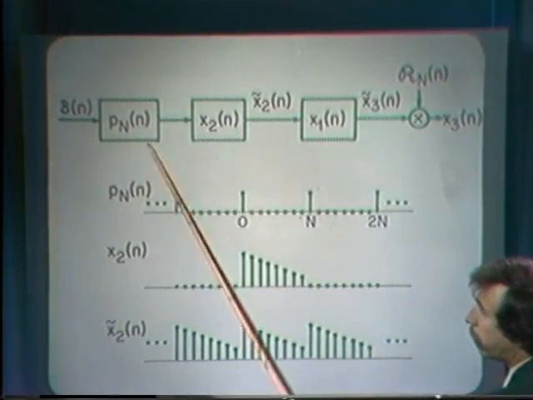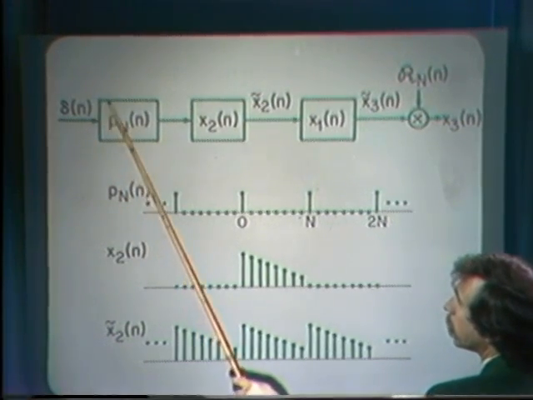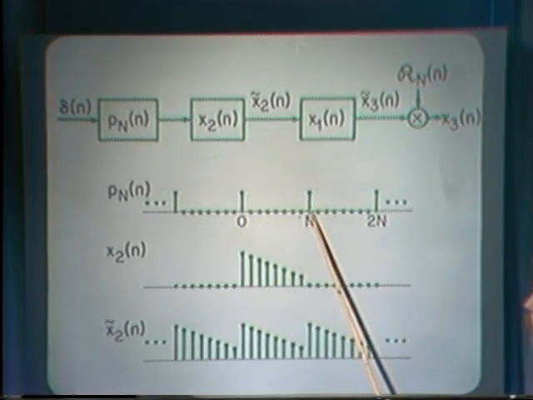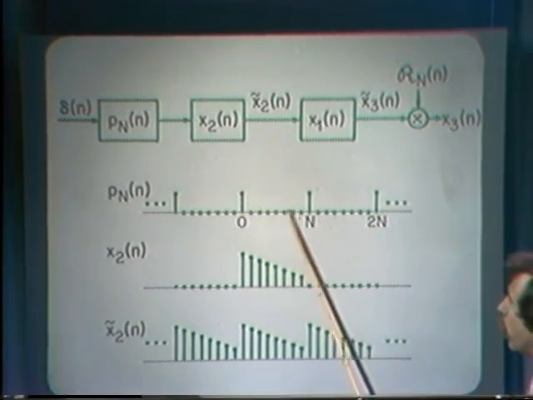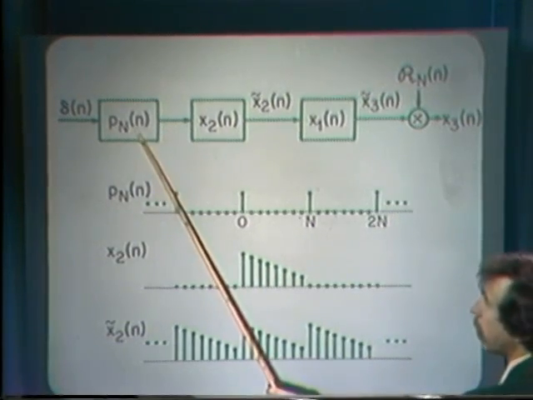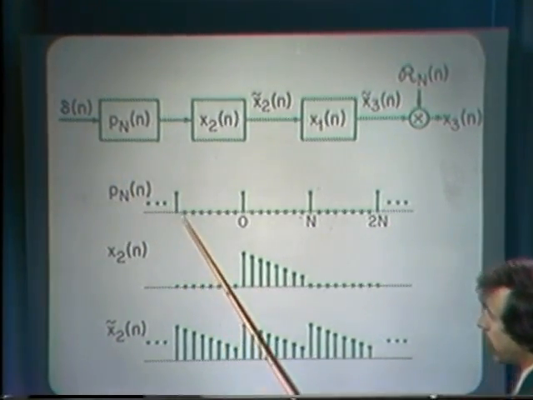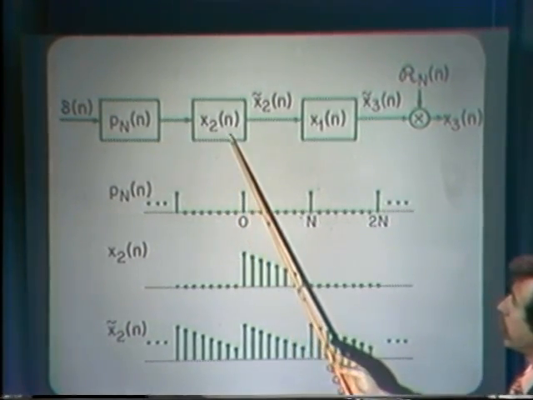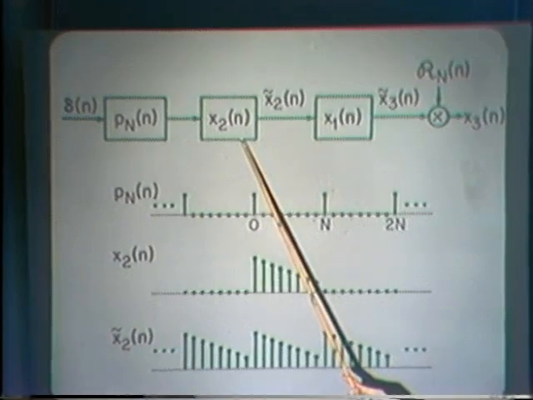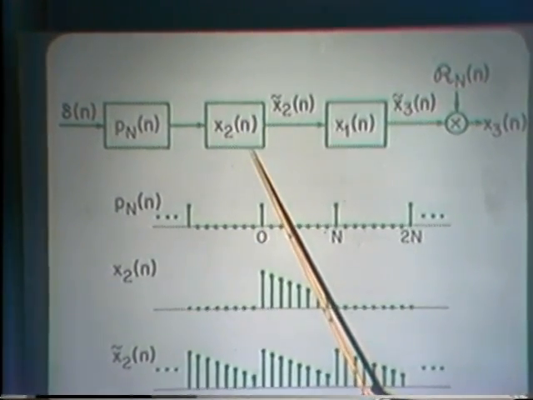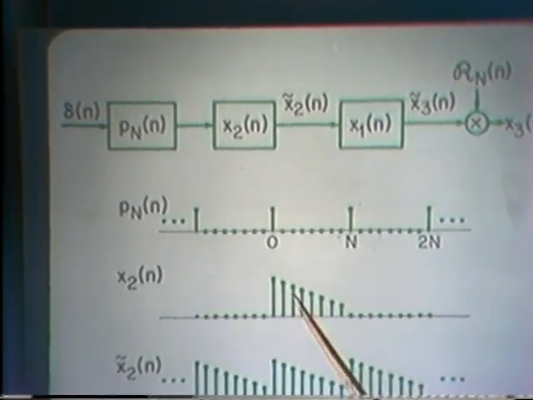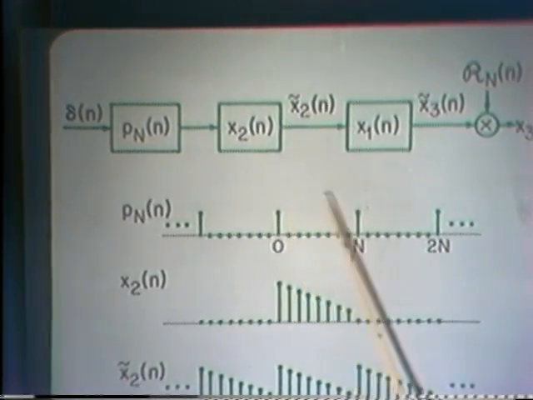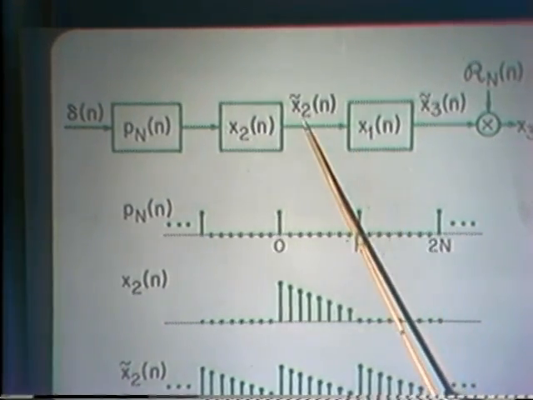So we could generate a pulse train by taking a system whose unit sample response is 1 at a spacing of capital N, and it's 0 otherwise, kicking that system with a unit sample, in which case we get this pulse train out, using that as the excitation to a system whose unit sample response is x2 of n, and what we'll get then is x2 of n convolved with this pulse train, or x2 of n repeated at intervals of capital N, but that's x2 tilde of n.